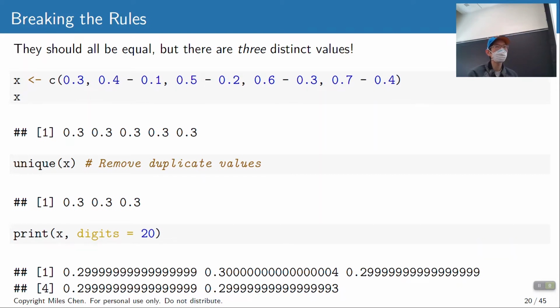It's important to know this and keep this in mind, because when you start doing computations with your computer, you have to be realistic about what you can represent and what you can do, okay? Because if you're expecting things to end up being exactly equal to each other, it's not going to happen, okay?